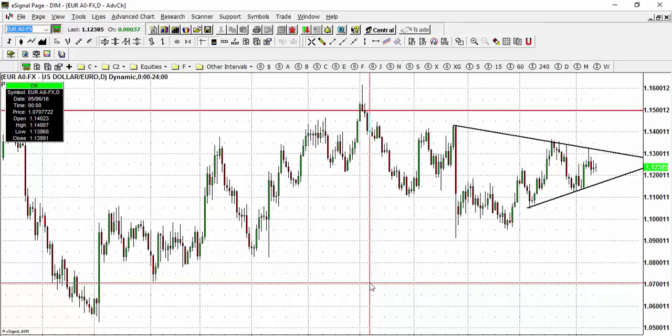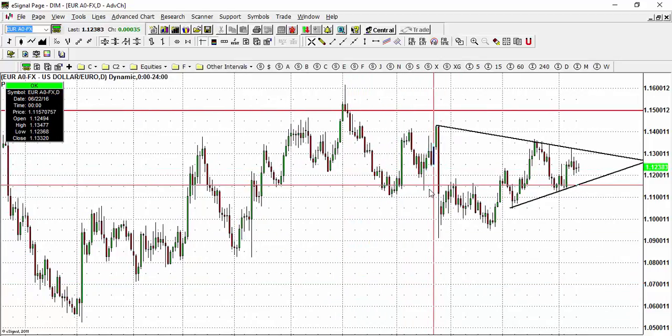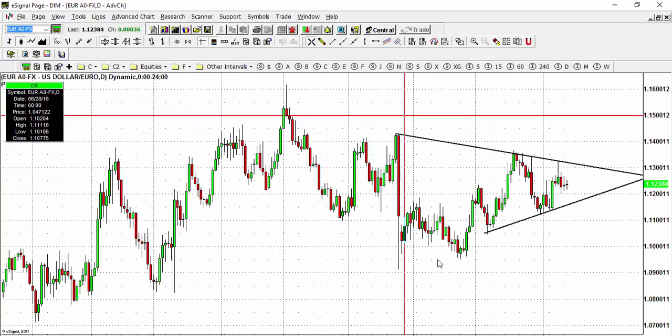You'll find that triangles technically have more significance on a daily chart as opposed to a 15-minute chart or a 5-minute chart. So you have more traders looking on this chart. So if we do get a break in the triangle, it is definitely more significant. So this is the euro versus the US dollar.